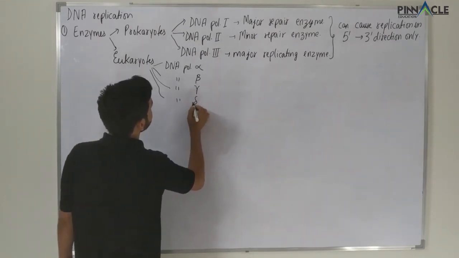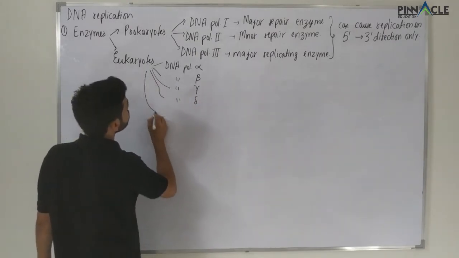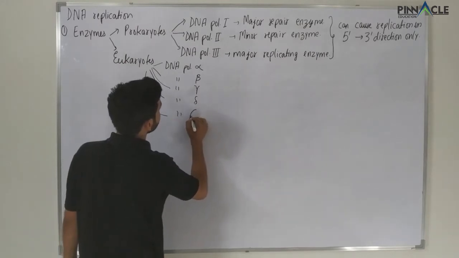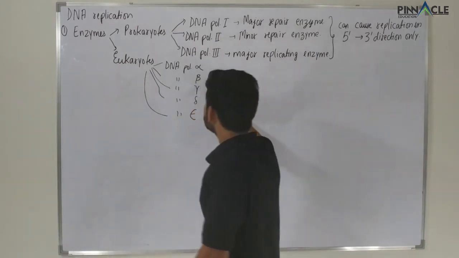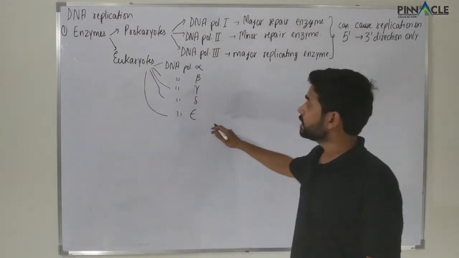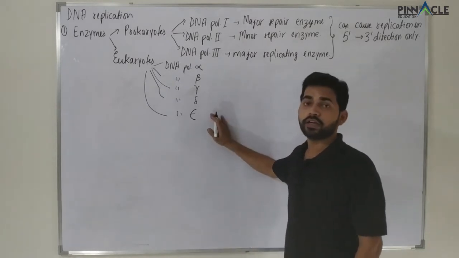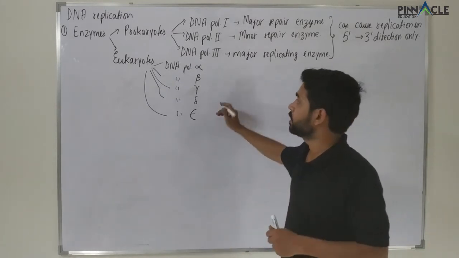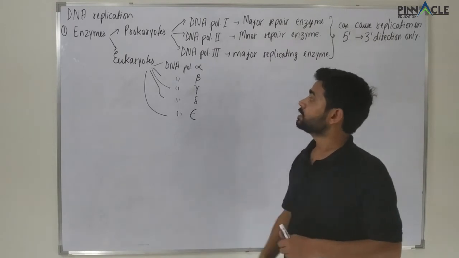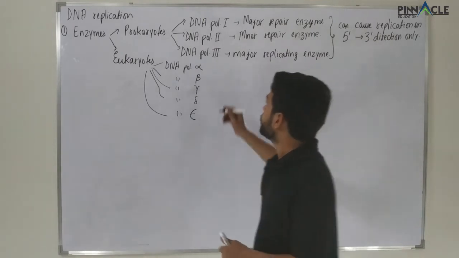And the fifth one is DNA polymerase epsilon. So these are the 5 DNA polymerases in eukaryotes, that is humans and other animals or plants. These 5 enzymes have different roles, and we have to study those.